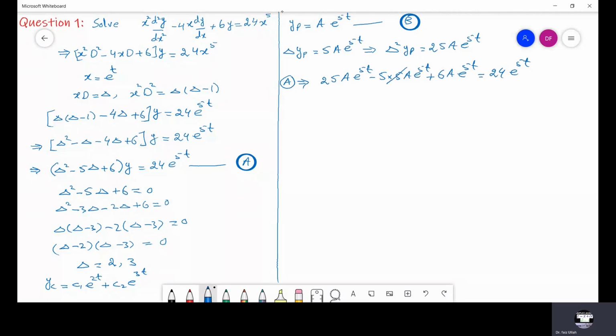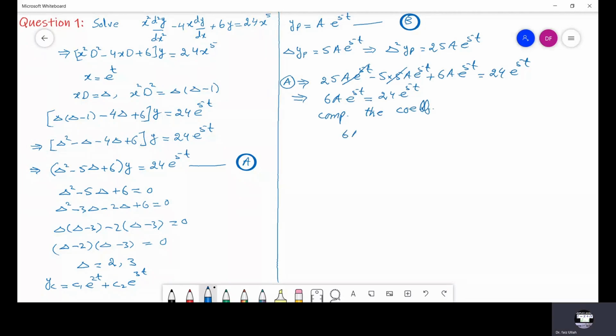Let us simplify this. 5 fives are 25, so these two terms will cancel. So we have 6a e⁵ᵗ is equal to 24e⁵ᵗ. Now let us compare the coefficient of e⁵ᵗ on both sides.